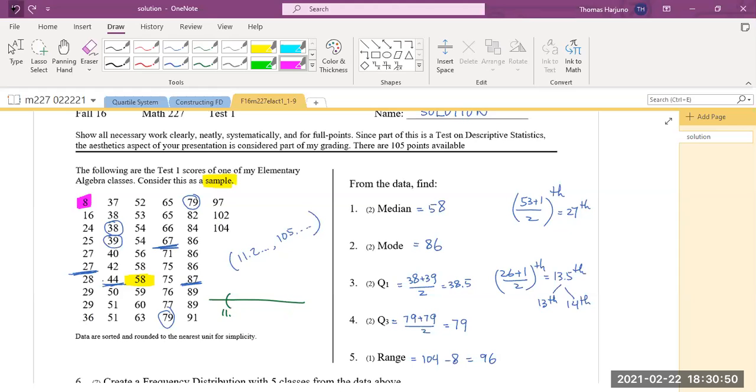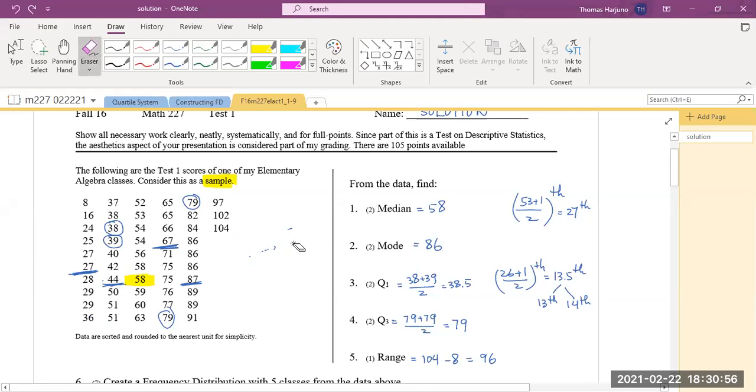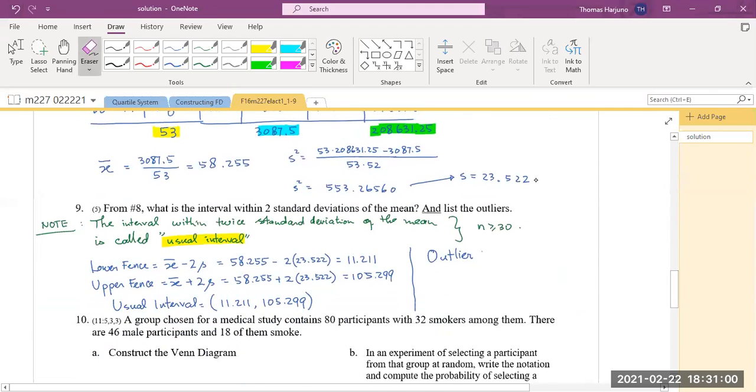Let me delete this first. So the outlier is 8, the one not inside the usual interval.